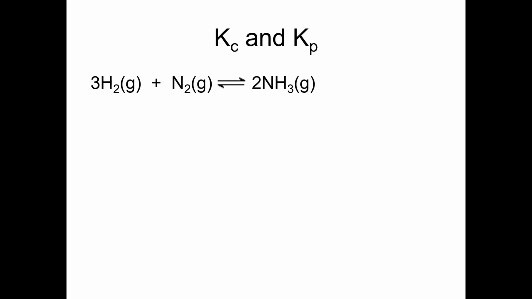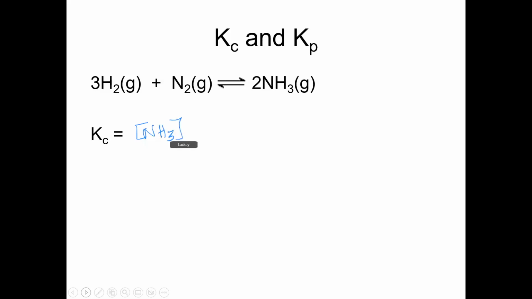Here we have the reaction of hydrogen and nitrogen producing ammonia. For KC, which is what we did last week, we said it's always those products over reactants. And we did use brackets for concentrations. So that was the ammonia.